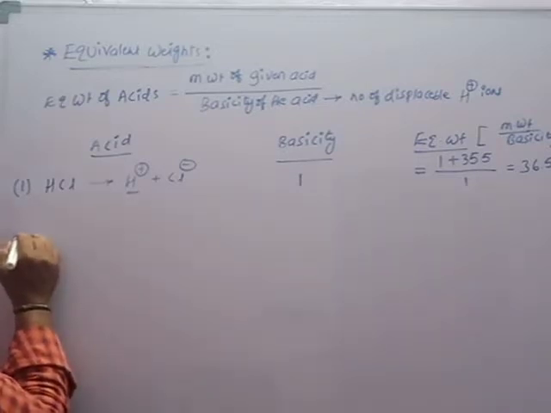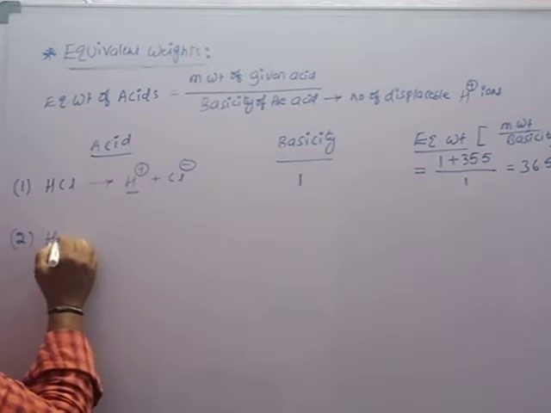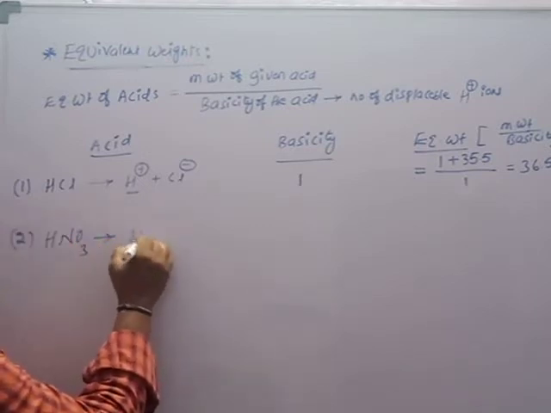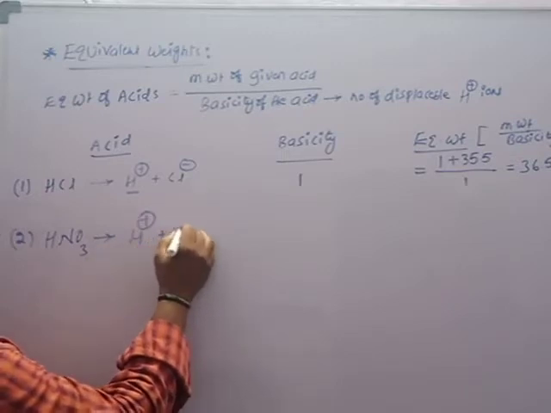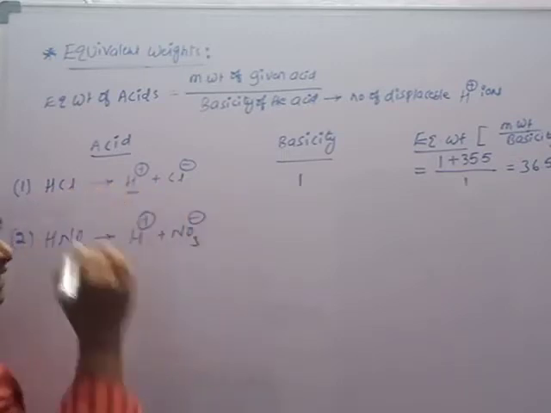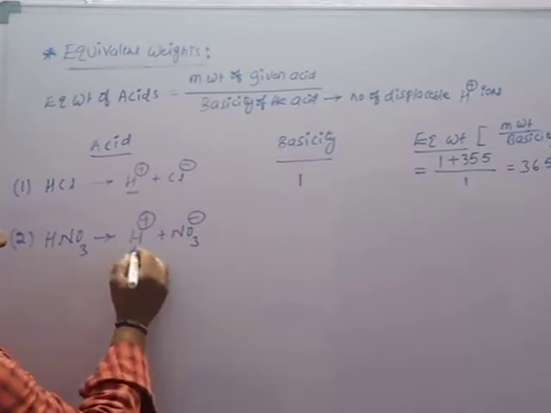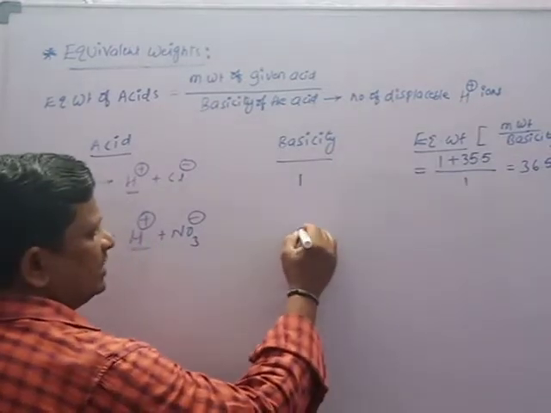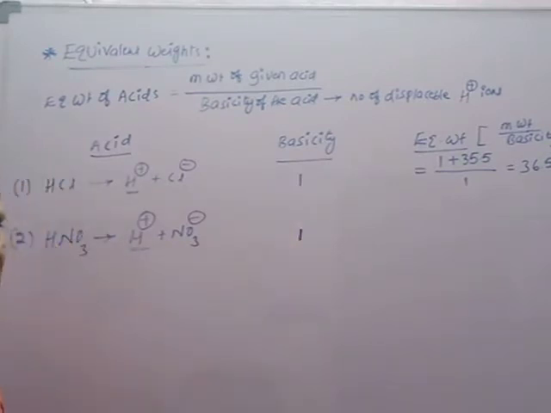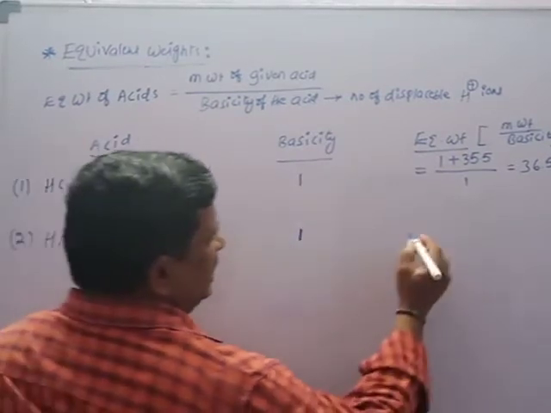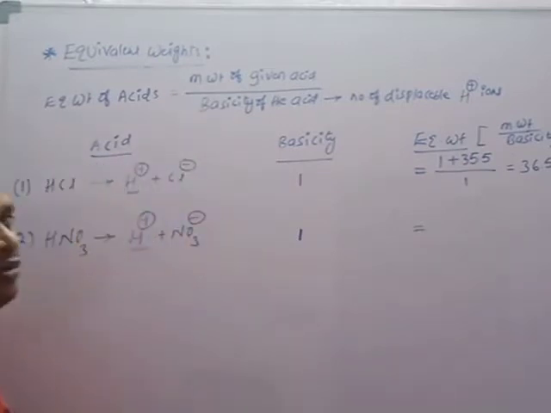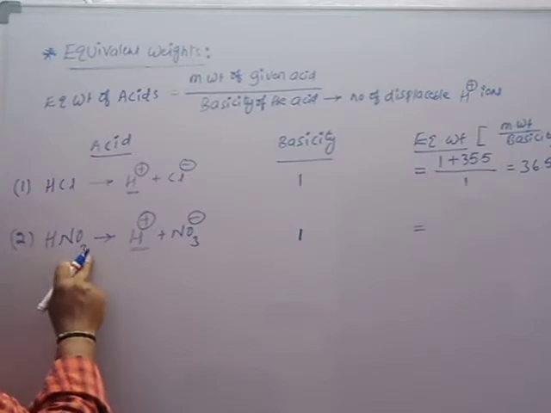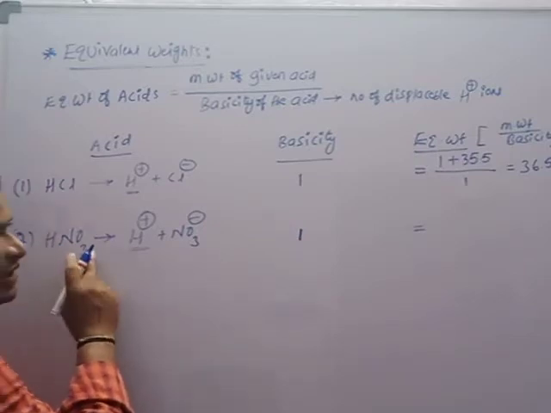Then for example nitric acid, HNO3. Nitric acid ionizes into H plus and NO3 minus. The number of displaceable H plus ions is 1, so HNO3 basicity is also 1. Equivalent weight equals molecular weight by basicity. H is 1, nitrogen 14, three oxygens 16 into 3 is 48.